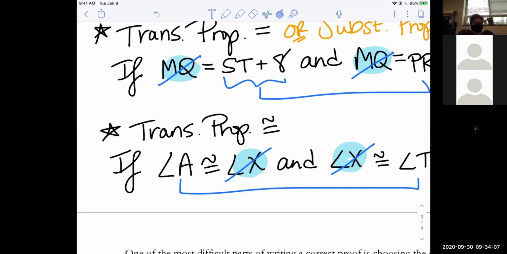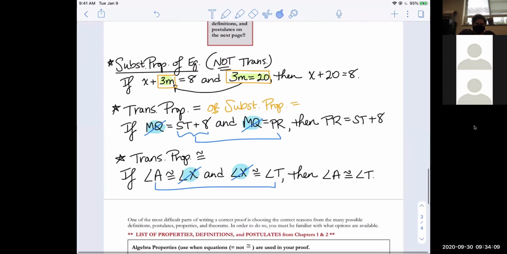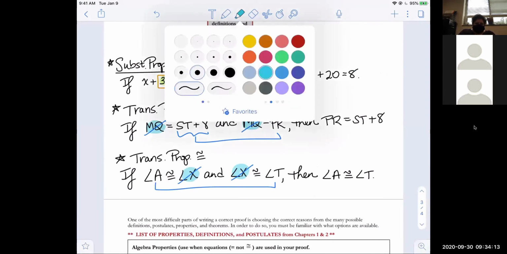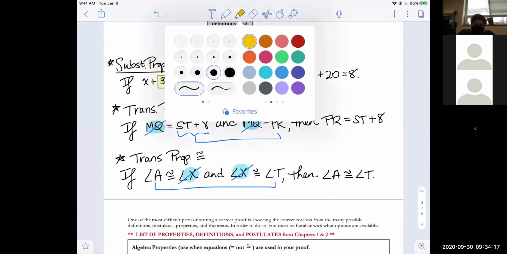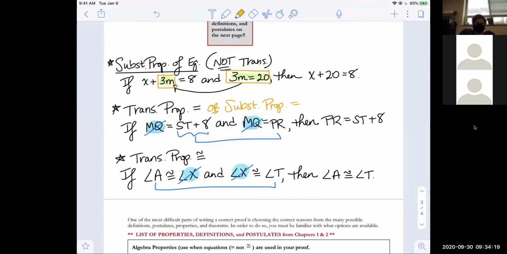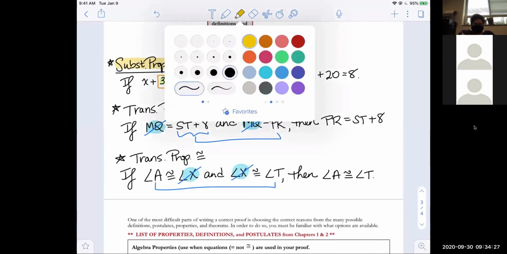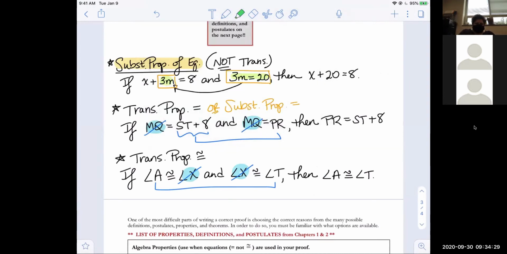Okay, now the question is, so the first one up here was only substitution and not transitive for the equations. The second one was either substitution or transitive for equality. Now the question is, is this one also substitution?